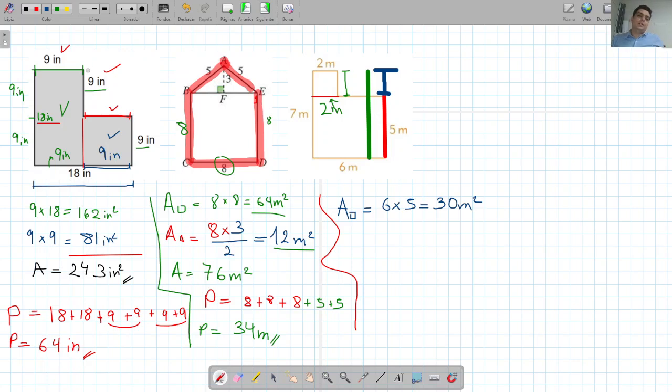How many meters do we need the blue line to be, completing this line so it will be as big as the green one? So we have that difference.